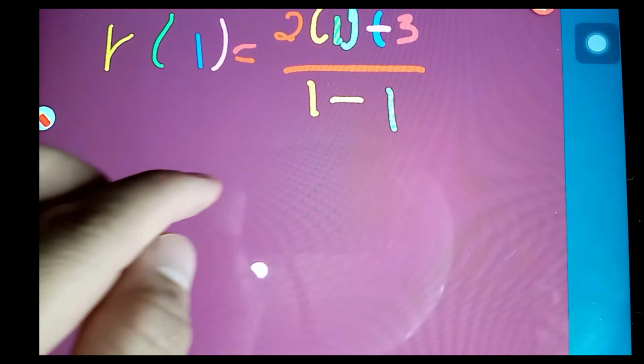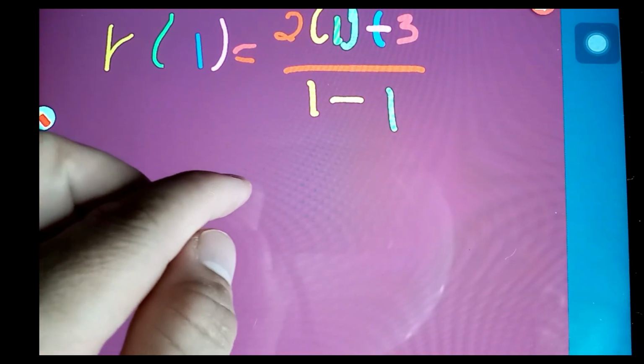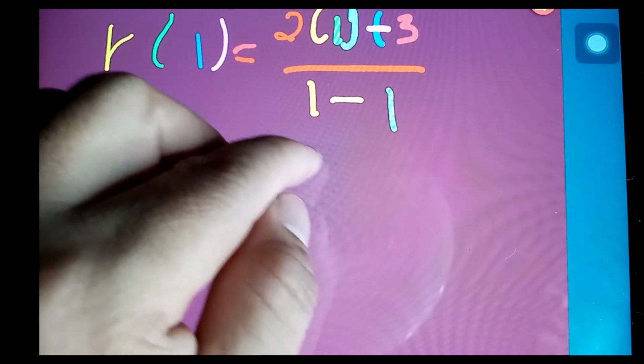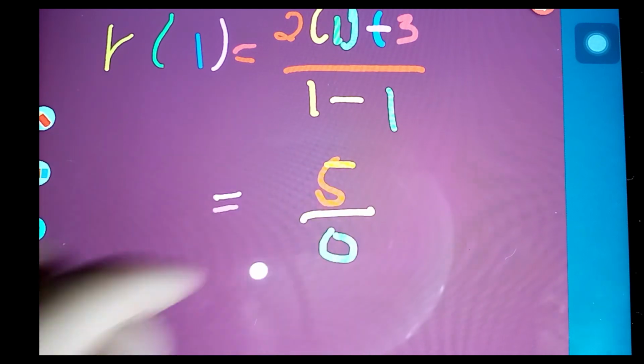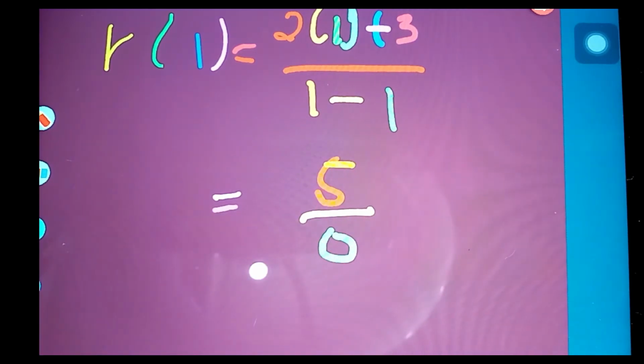So what will be the result? It is impossible because the denominator is 0. It is 5 over 0. So it is impossible in the real numbers. Any real number divided by 0 is undefined.